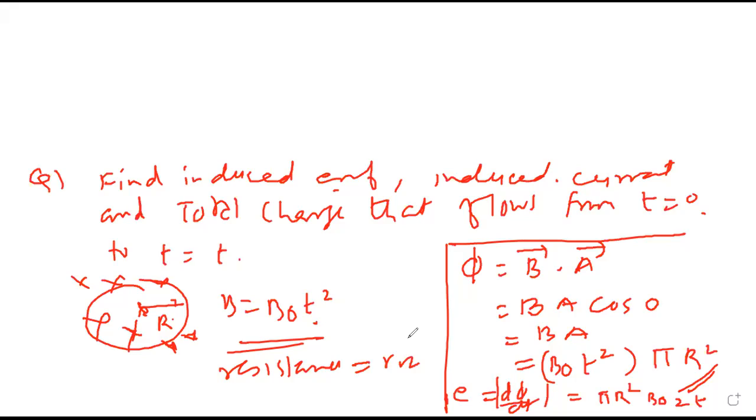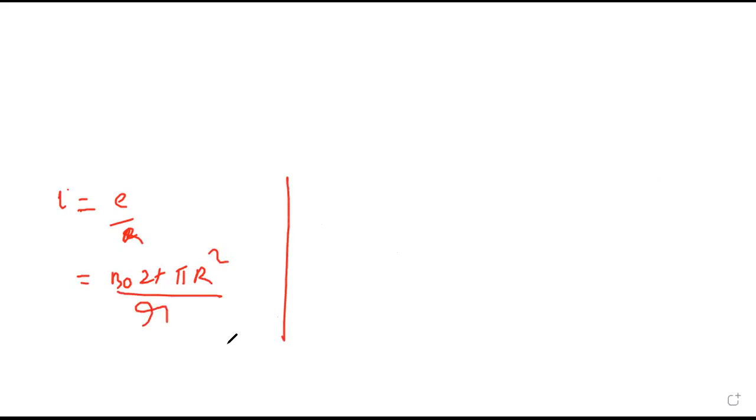So we got induced EMF, now we'll get current. To get current, we require the E by R formula. So I is E upon R. E is nothing but B naught into 2t pi capital R square upon resistance small r. Now since I is the rate of flow of charge, dq is I dt.